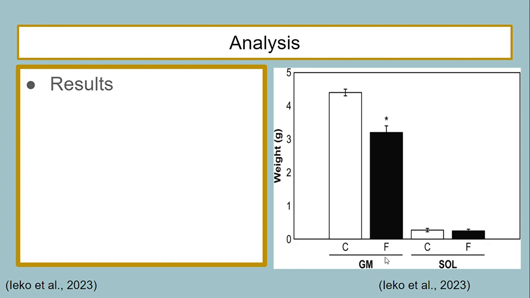So muscular atrophy, which is the loss of muscle, can be caused through starvation, as we saw in this particular study. However, muscular atrophy can also occur as a result of denervation, heart failure, or even just aging. So, thank you.